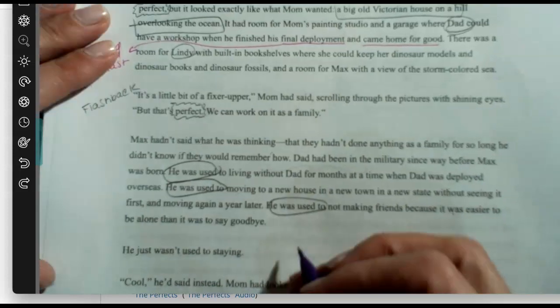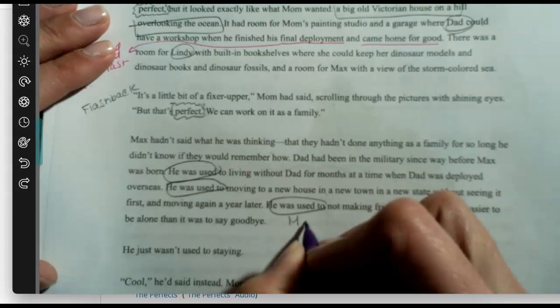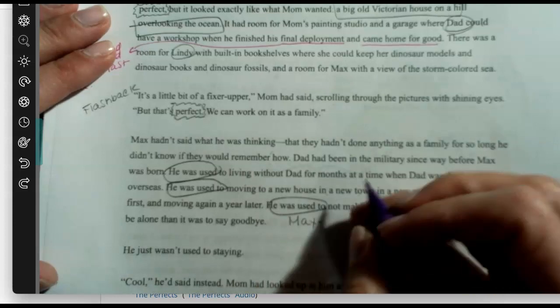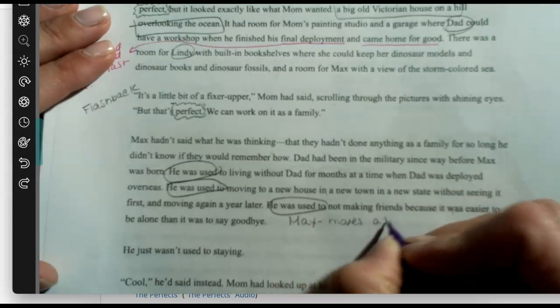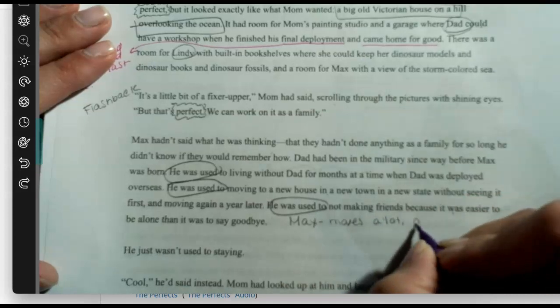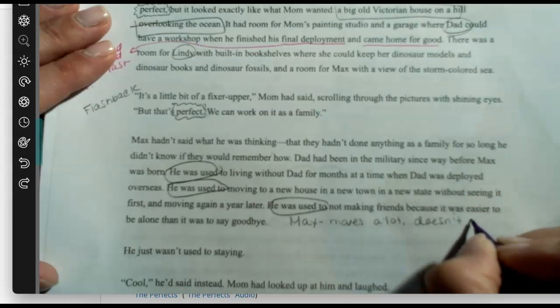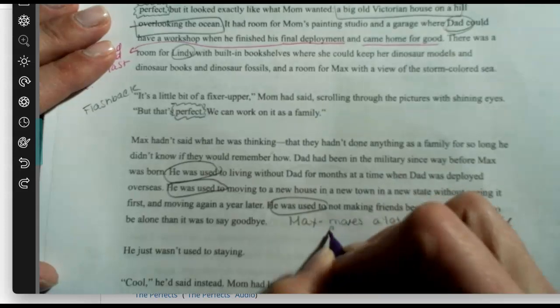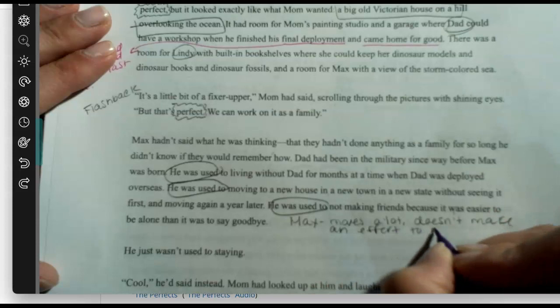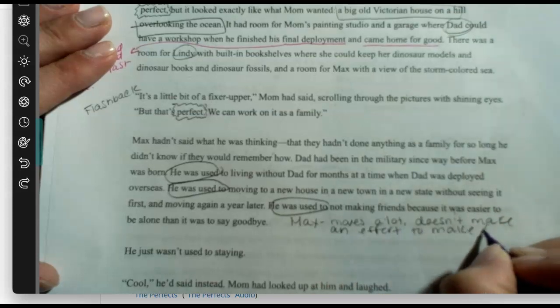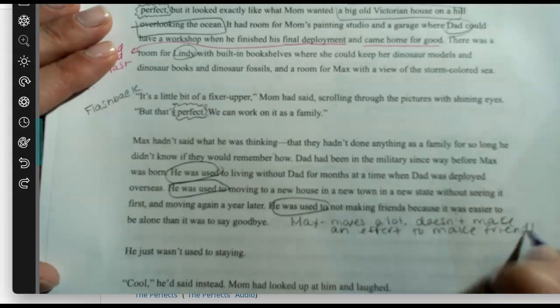Okay, we're getting a lot of information here about Max. So we know that Max moves a lot. We know that Max doesn't make an effort to make friends because he knows that it's not going to last, because he's likely going to move.